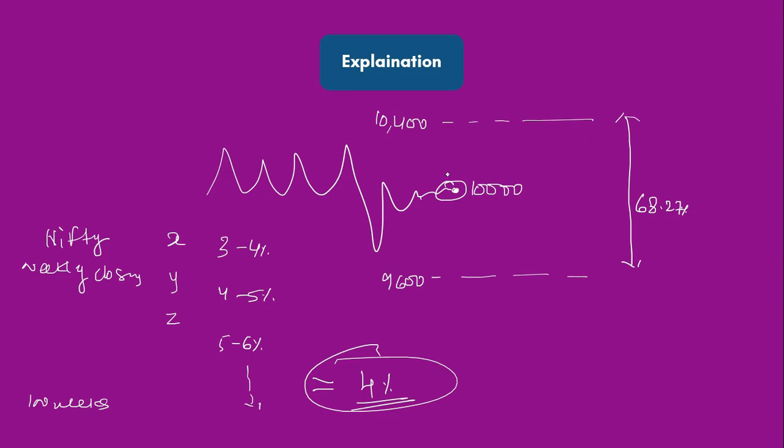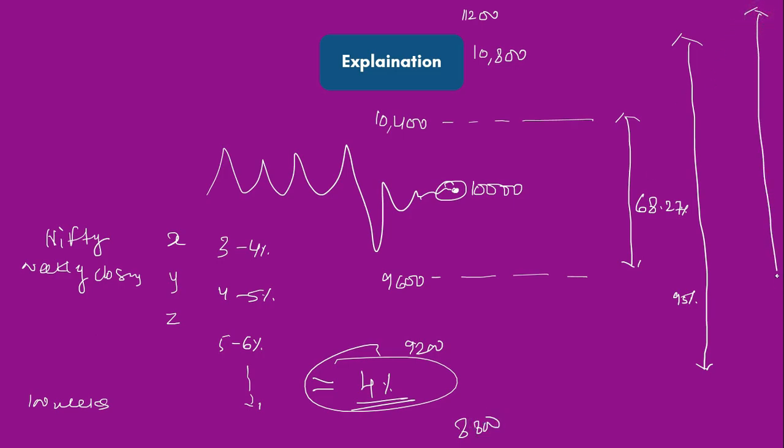And if I take 2 standard deviations, that means 400 points more up or down, it would become 10,800 and 9,200. The probability of Nifty staying in this range is 95%, and for 3 standard deviations, that is 11,200 and 8,800, the probability of Nifty staying in this region is 99%, and it makes a lot of sense.